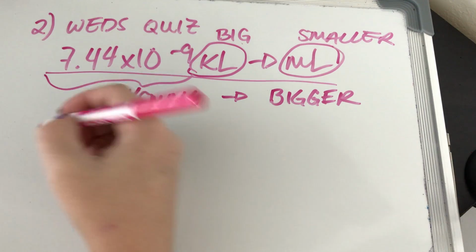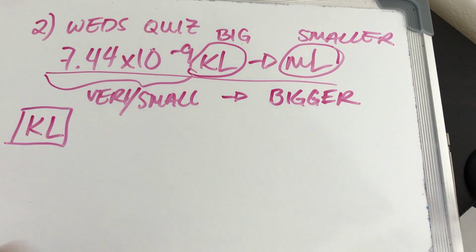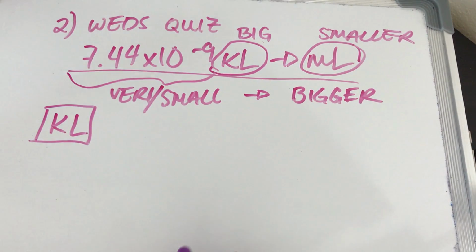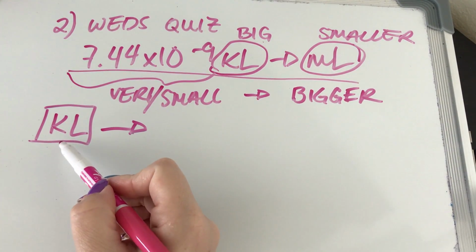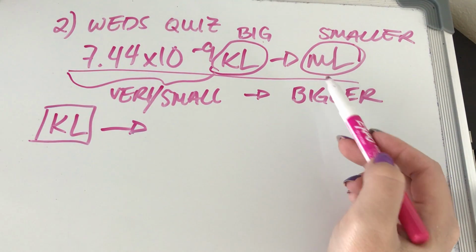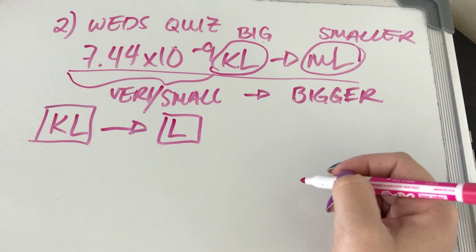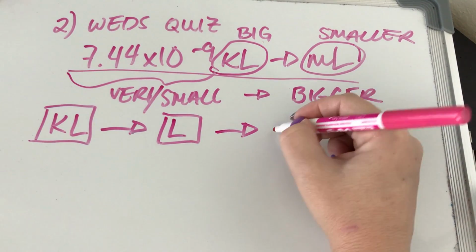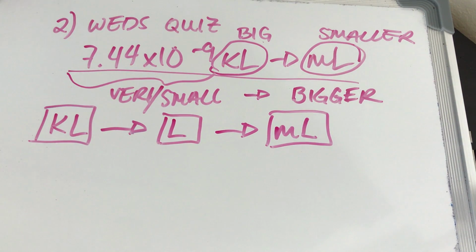Cool. So, first thing I like to do with these problems is map them out. I'm not going to go straight from kiloliters to milliliters. That's too big of a jump for me. So I'm going to first go to liters, and then I'll go to milliliters, right?